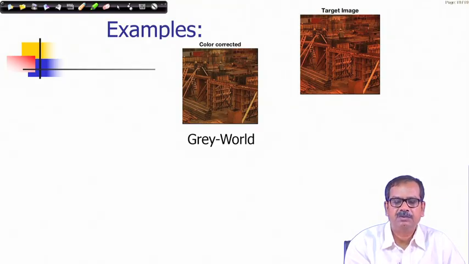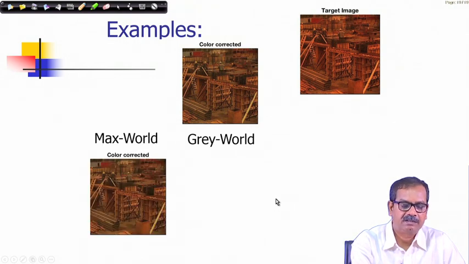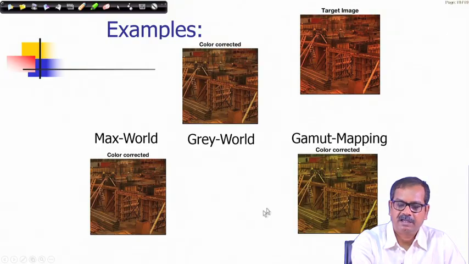If I use the target illuminant as simple white light, with intensity values 255, 255, 255, and then perform color correction following the diagonal correction rule, you will get this image. So, this is for the gray world method. For the max world method, you get this kind of image, and gamut mapping will give you this kind of image.